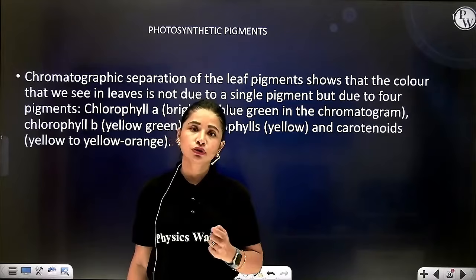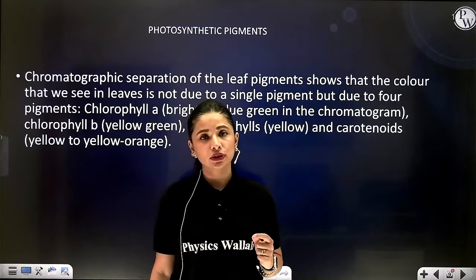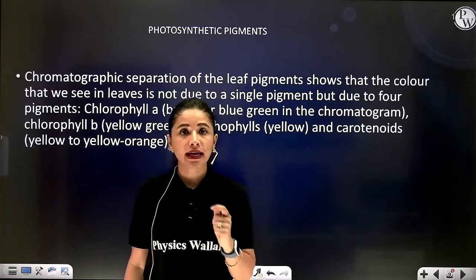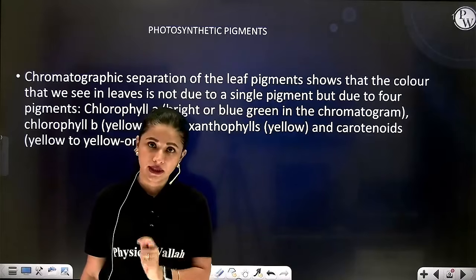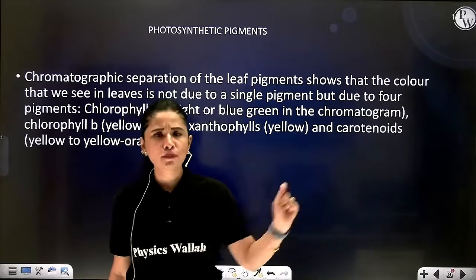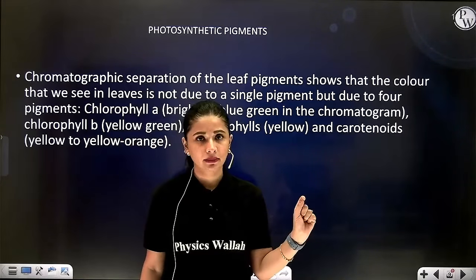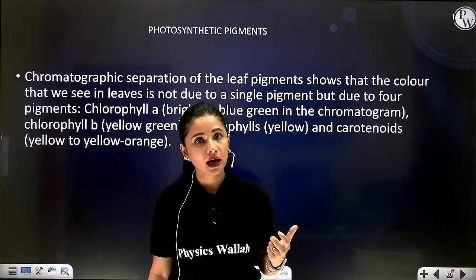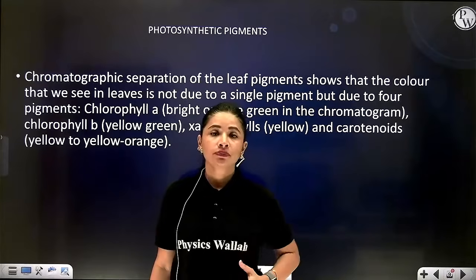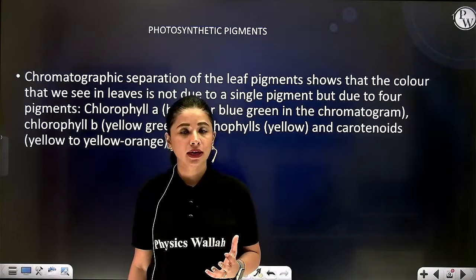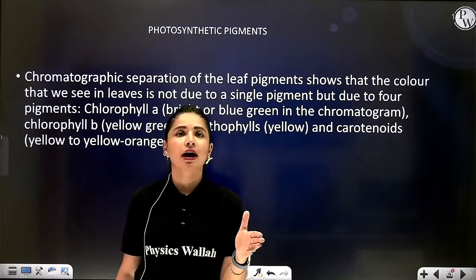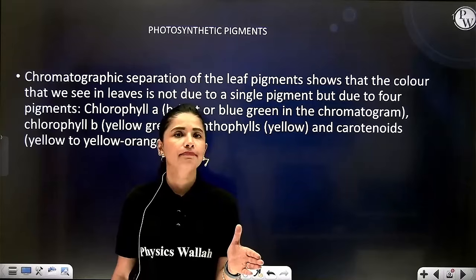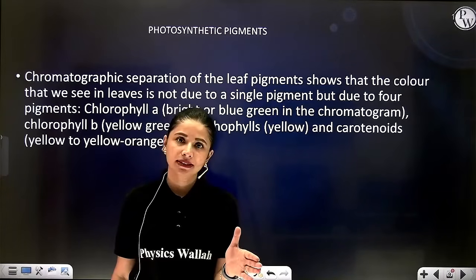Now you should know what those photosynthetic pigments found in higher plants specifically are, because there are so many ranges of photosynthetic pigments. But here we are studying photosynthesis in higher plants, so we should know the list of photosynthetic pigments found on the thylakoidal membrane of chloroplast in higher plants.